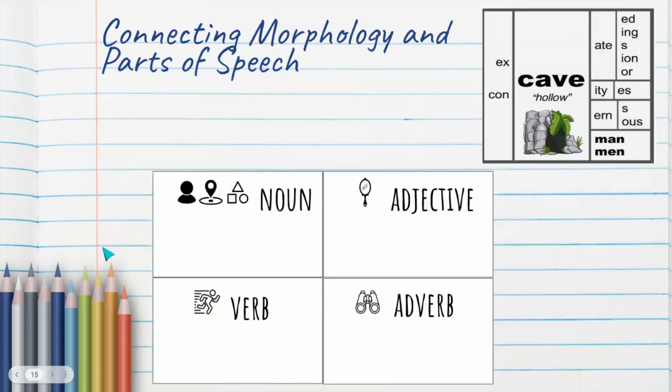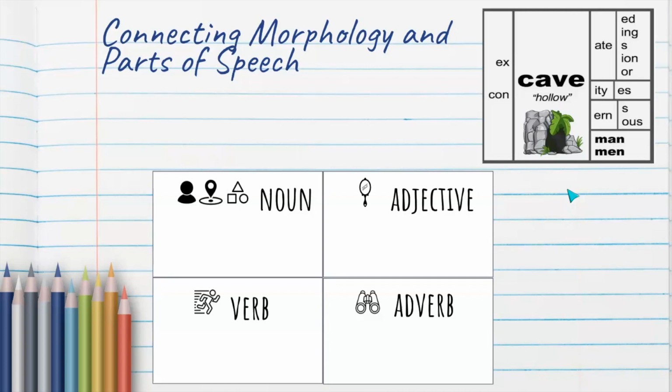But here's another way that you could do this. So have the word matrix up on the board, wherever it lives. Give them a piece of paper. Now, you could have this all laid out and photocopied, but friends, we can also just use a piece of paper. Fold it into quarters. They write noun, adjective, verb, adverb, or whatever it is.